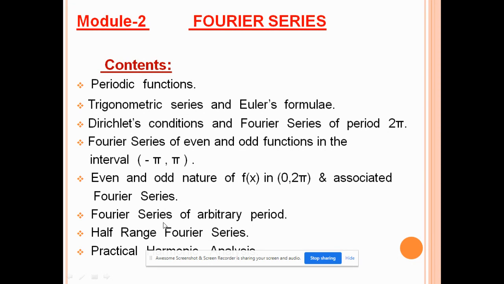Next is Fourier series of arbitrary period, half range Fourier series. Then the last one is practical harmonic analysis. These are the contents we have to discuss in this module. Let us go one by one.